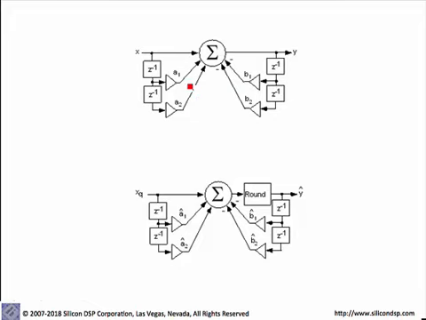Then in order to minimize the chances of overflow, you have to scale the inputs, for example, and that means that just because a certain section may have an overflow, you scale the data such that you don't have an overflow there, but then you reduce the dynamic range in all the following sections and add more round-off noise in your implementation.